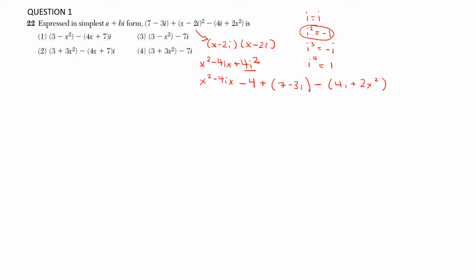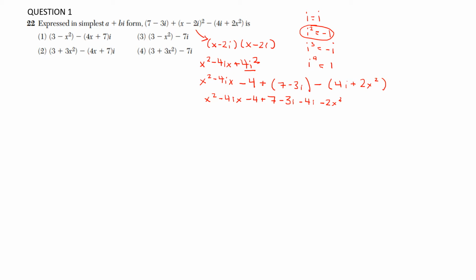All right. So we can distribute these signs in, right? This one you really have to pay attention to because it's a negative. So let's write this all out before we combine them. Minus 4i, and distribute this in, minus 2x squared.